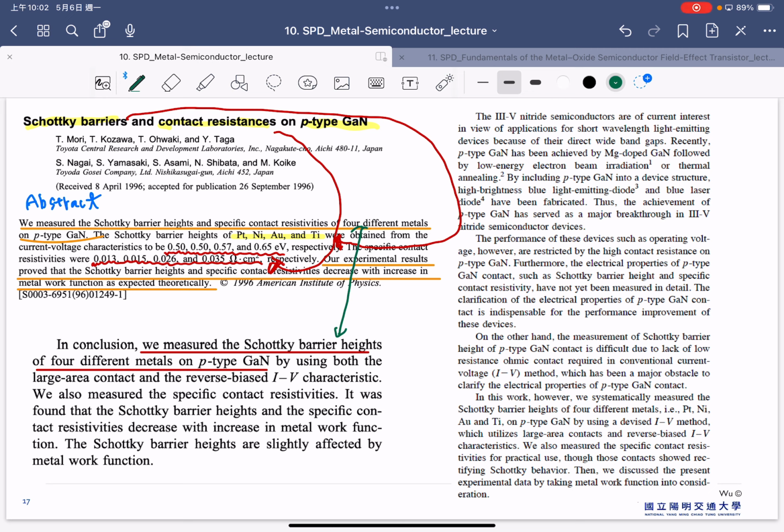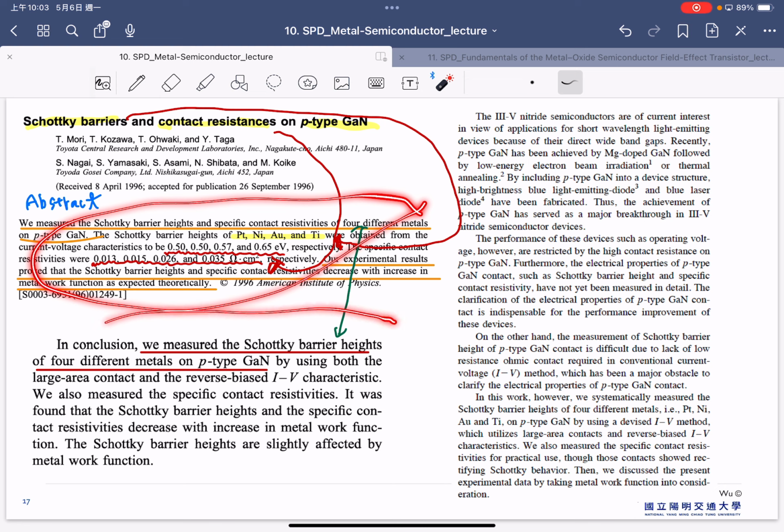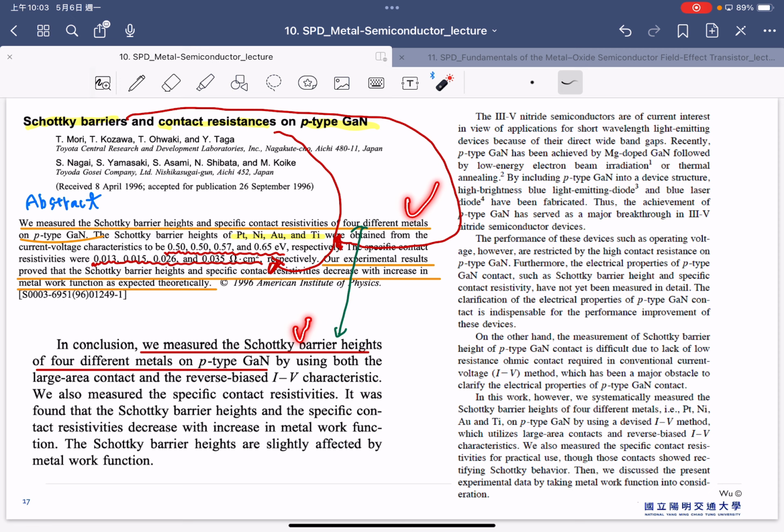So whenever you finish a conclusion or an abstract, you should already have the sentences in your mind to organize the conclusion or abstract, because these things should be very, very similar. The first sentence is exactly the same as this one. And also, by using both large area contact and reverse bias IV characteristics, we also measure the specific contact resistance.